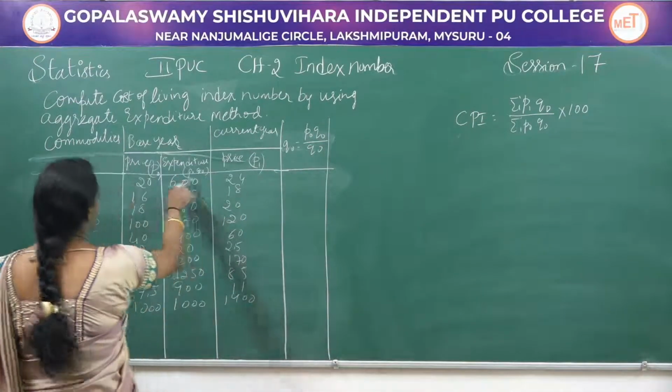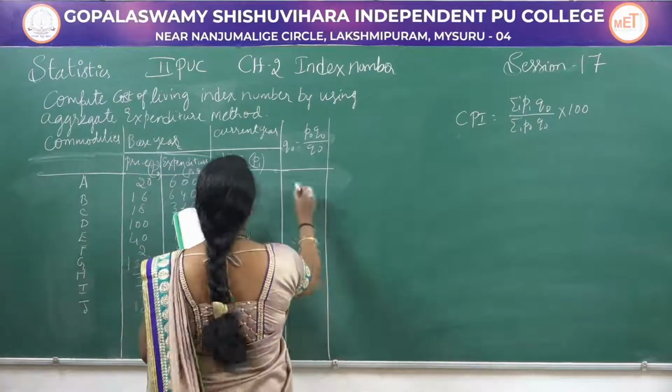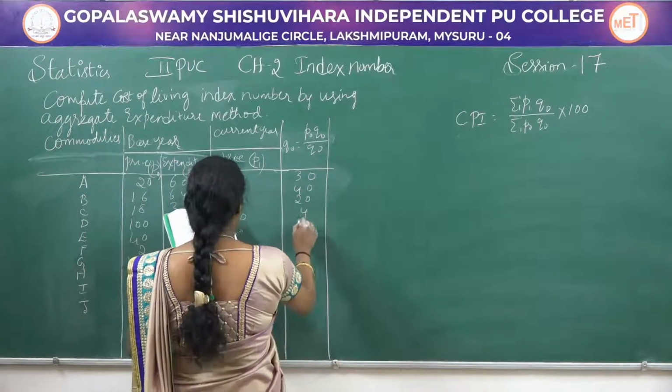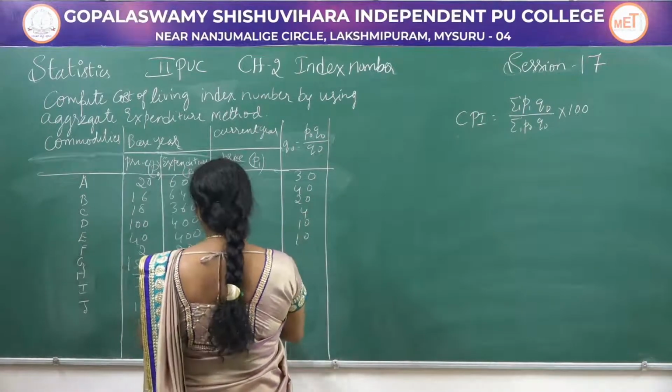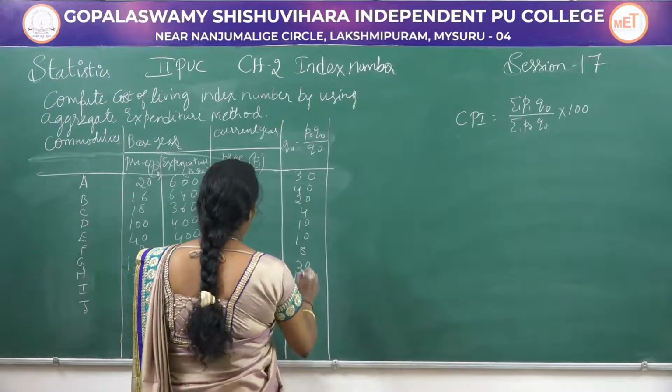So, take the ratio of expenditure and the price in the base year, and the values are 30, 40, 20, 4, 10, 10, 8, 30, 120 and 1.